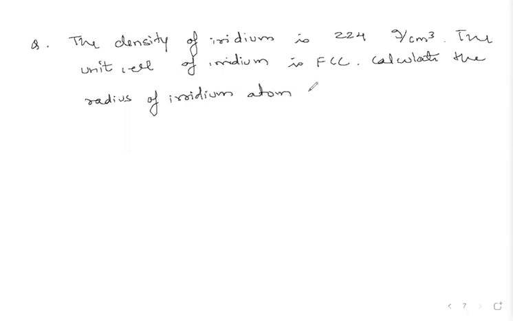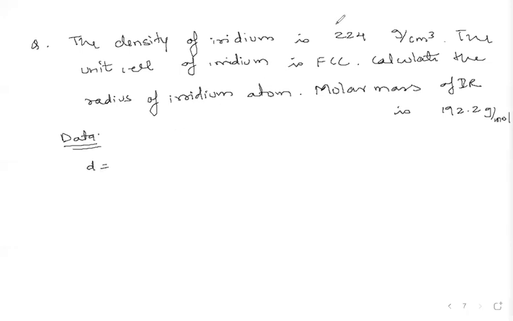तो आपको radius पूछा है and the molar mass is given. Molar mass of iridium is 192.2 gram per mole. So as you can see, the data: density है 22.4 gram per cm cube.